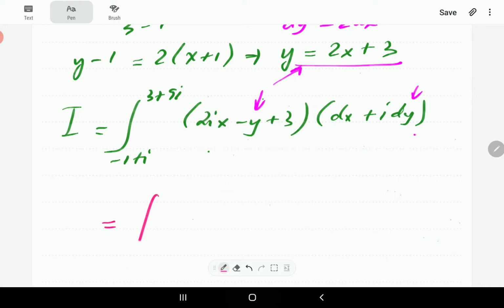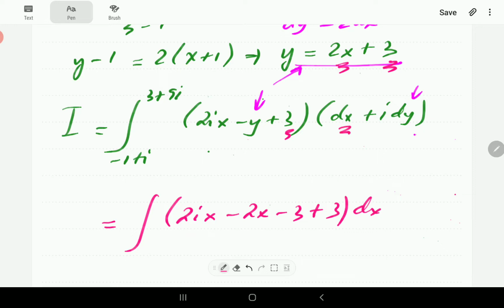So our integral completely in terms of x is going to be 2ix minus 2x, which is this term, minus 3, which is this term, then plus 3, which is this one. Then dx just remains as it is. dy is 2 dx, so we're going to have 2i dx here.